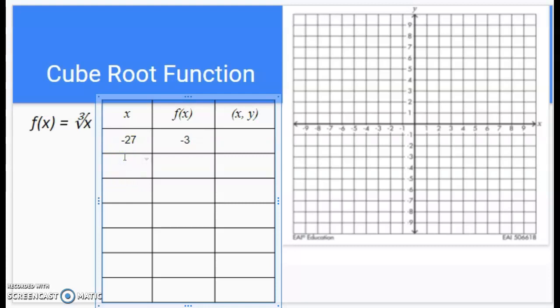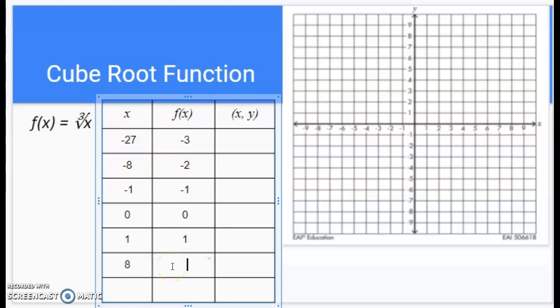The cube root of negative 8 would be negative 2. The cube root of negative 1 is negative 1. 0 would be 0. So you notice how the x and the y flip from the cubic function. 1 would be 1.